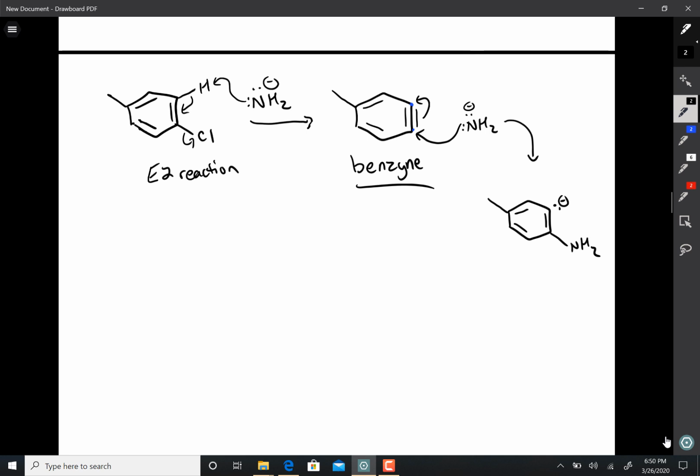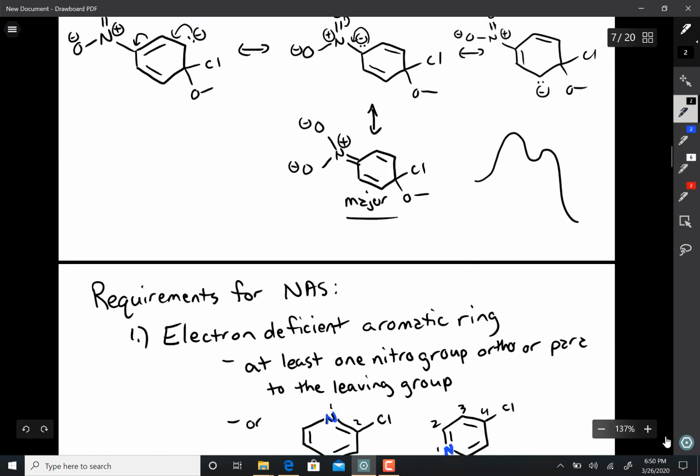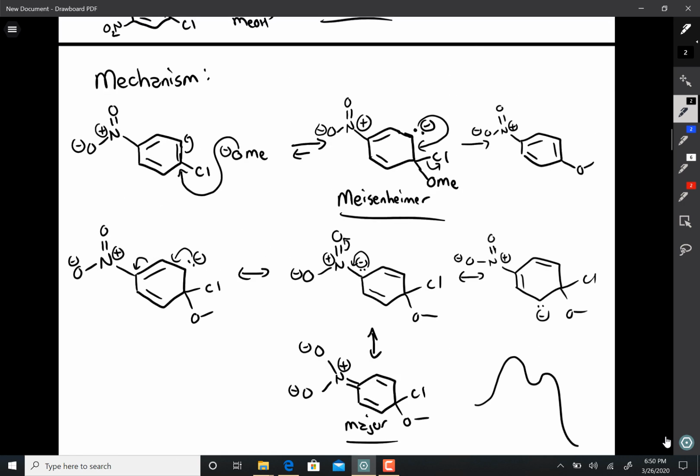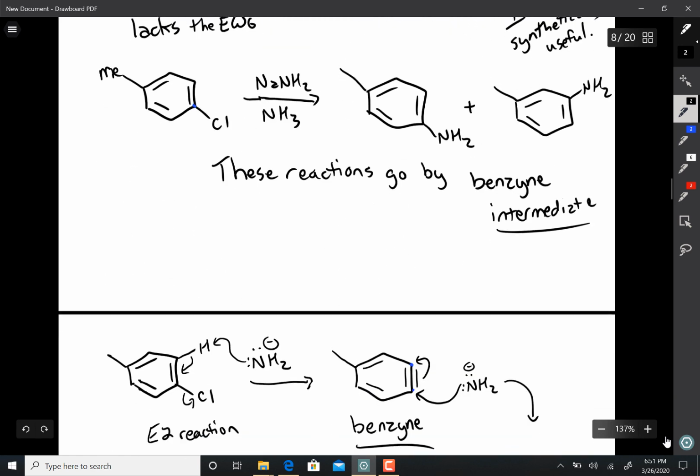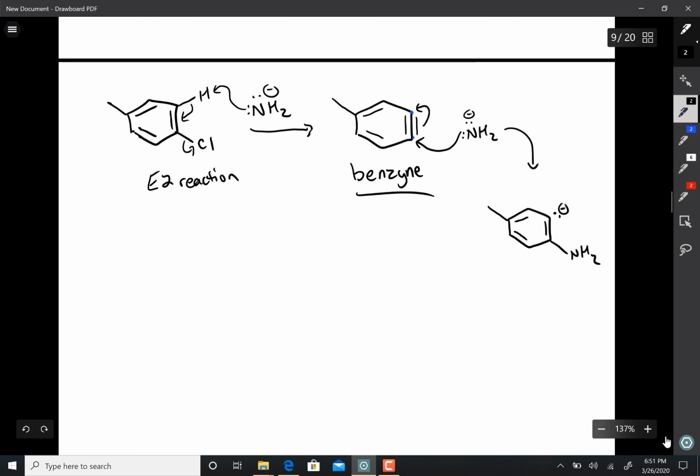And this carbanion is very, very different from the carbanion of the Meisenheimer intermediate. In the Meisenheimer intermediate, that lone pair is in a p orbital. It's resonance stabilized. The lone pair here is in an sp2 orbital.